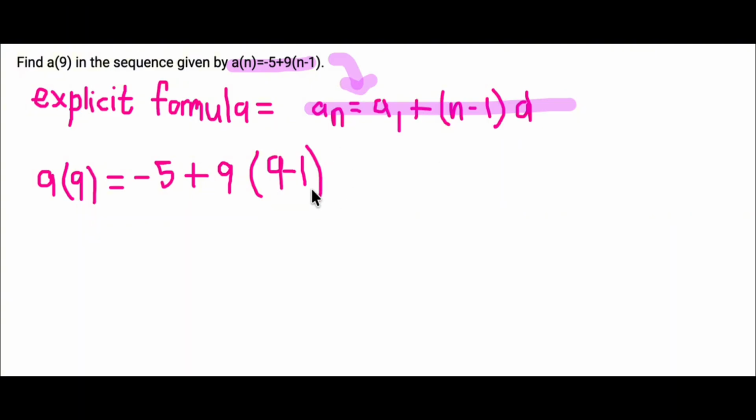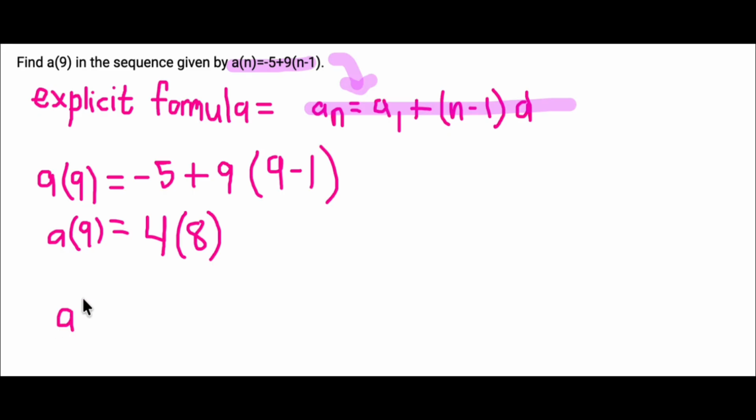You see there's a d left over, but we're just going to have 1. Everything is multiplied by 1, it is inferred, so that's why we're not going to write in 1. So now we have a9 equals 4 times 8, and then we're going to get a9 equals 32.